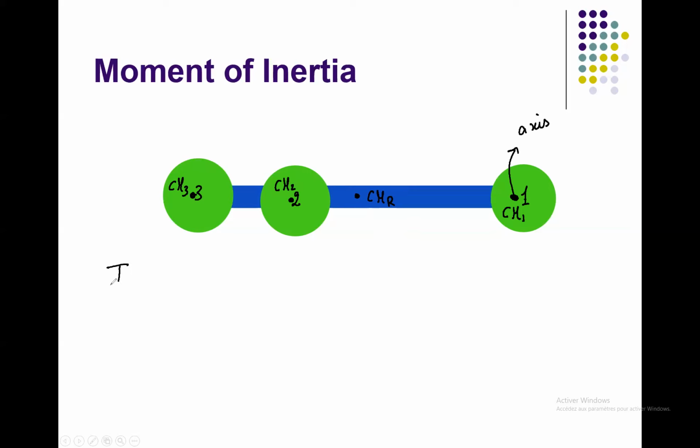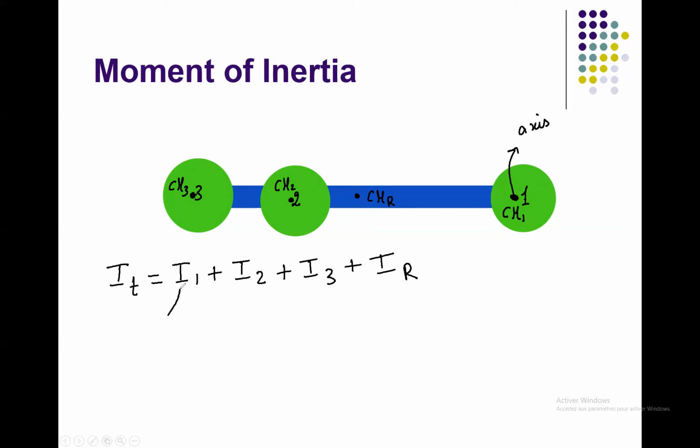The total moment of inertia equals the moment of inertia of the first one plus the second one plus the third one plus the rod.